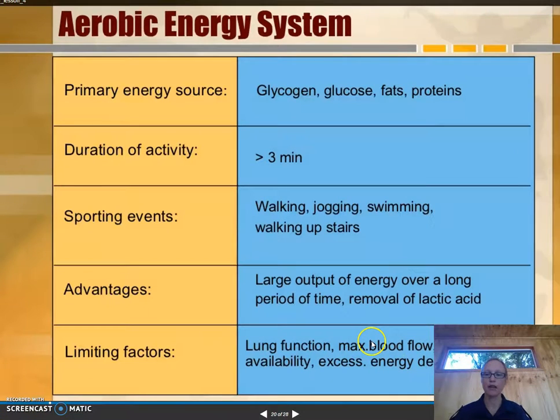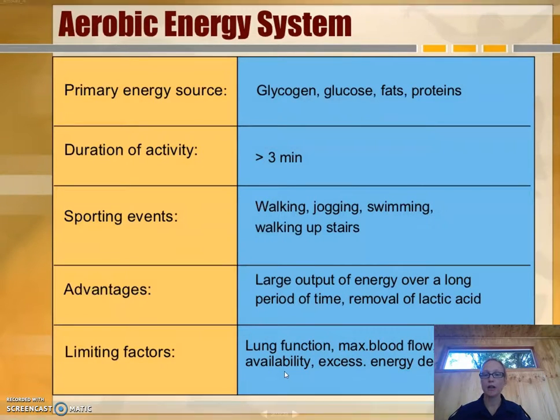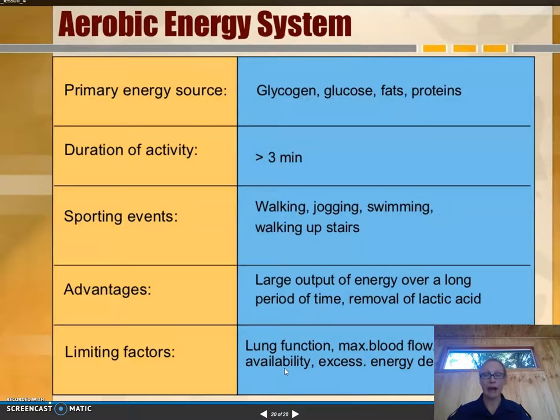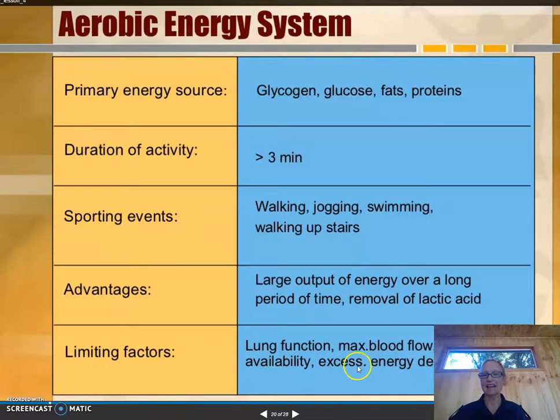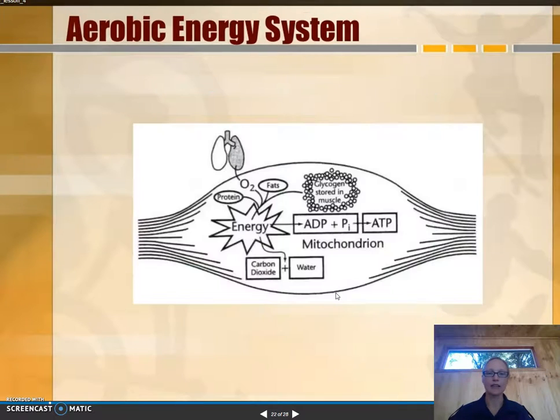That's a limiting factor. Oxygen availability. So if you're training at altitude, that'll be an issue. And obviously people play on that for a certain reason, but we'll talk about that probably in class. And the excessive energy demands, and I'll talk about that in this slide here.